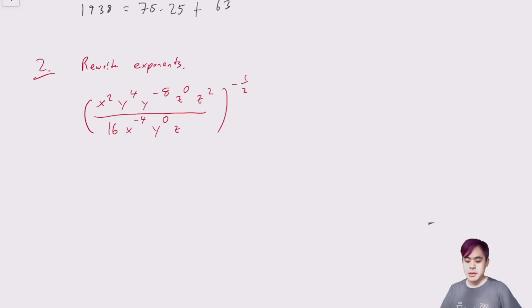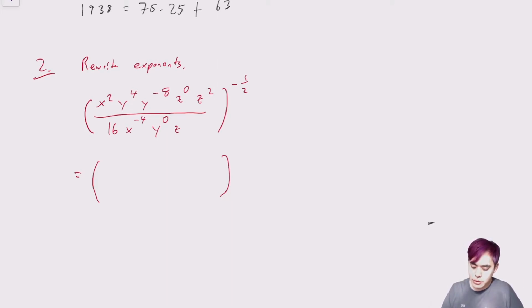Okay? So we need to rewrite exponents, right? So what are we doing? Well, there are a couple different things you'll need to notice. One is that you'll need to convert this. So let's just start by looking at the x's inside the parentheses. You have a 2 on top and a minus 4 on bottom. But if you have a minus 4 on bottom, that's the same as a 4 on top, right?